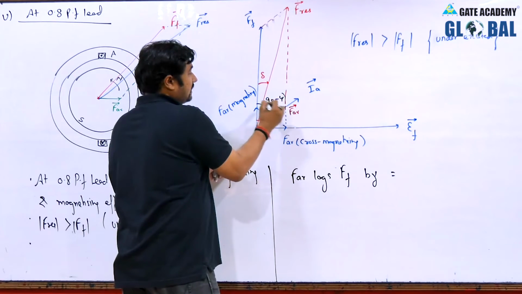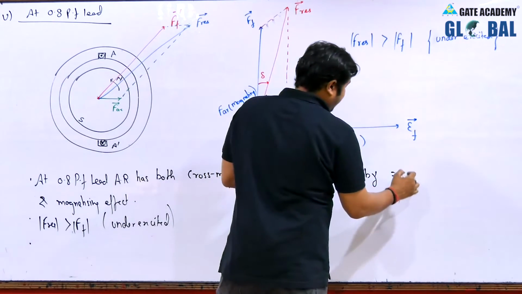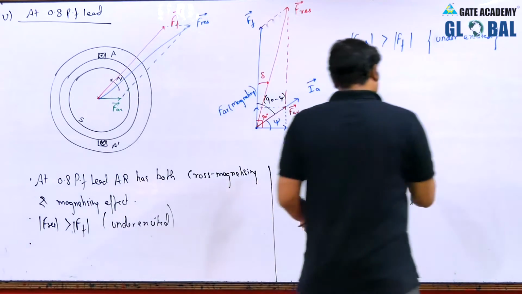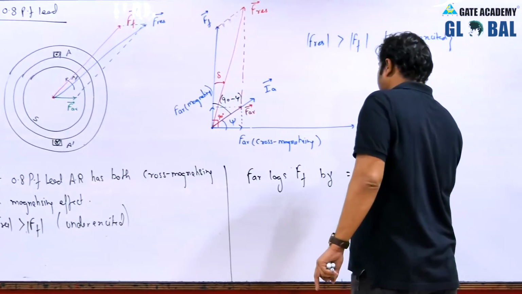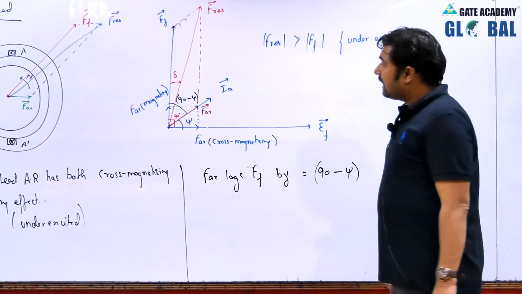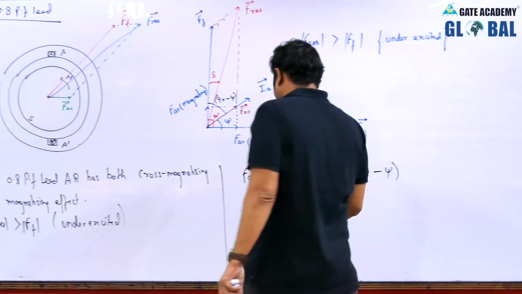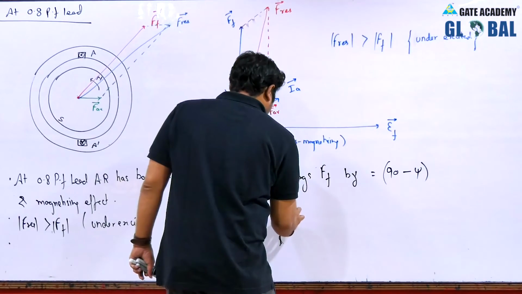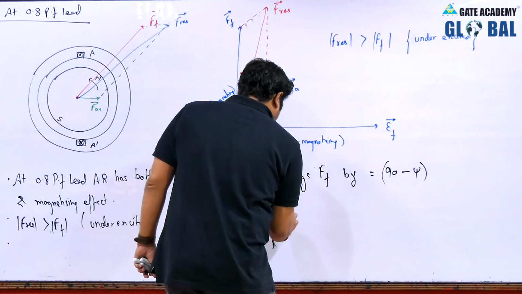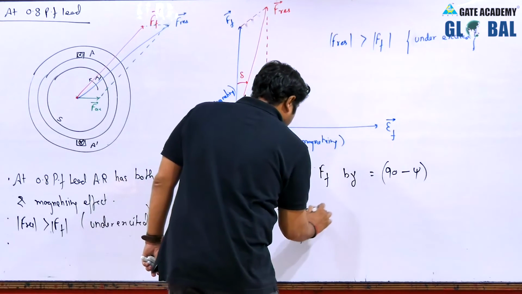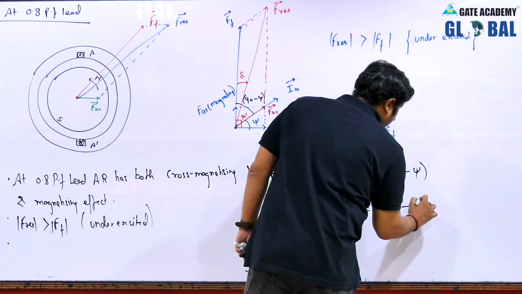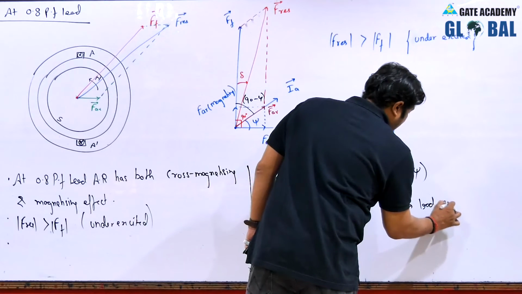So, you can say FAR lags FF, it means stator MMF lags rotor MMF by an angle of 90 minus psi, where psi is the internal power factor angle, and the angle between FAR and F resultant and FF. So, you can say F resultant lags FF by an angle delta called the load angle.